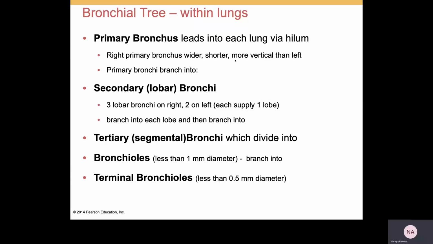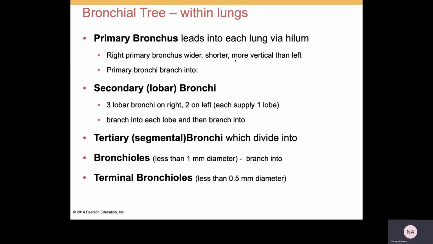We'll talk about the respiratory zone structures as we get into the histology more. Now, the primary bronchus is one into each lung, so there'll be one on the right and one on the left. The primary bronchus on the right is shorter, wider, and more vertical than the one on the left. The primary bronchi branch into secondary bronchi, tertiary bronchi, and they divide into smaller and smaller branches, which are bronchioles, and smaller bronchioles into terminal bronchioles before you get to the respiratory bronchioles.